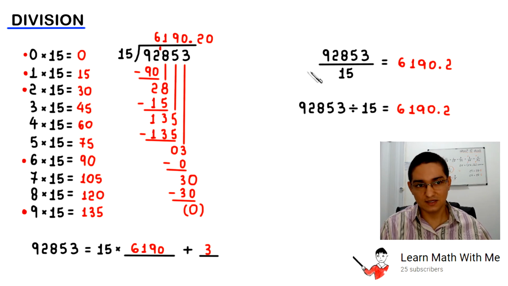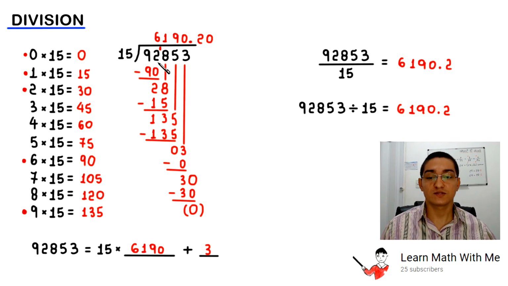What I'm trying to say is that 6,190.2 is the same as 6,190.20. So, if you want to divide $92,853 equally among 15 people, each one of them will receive $6,190.20.